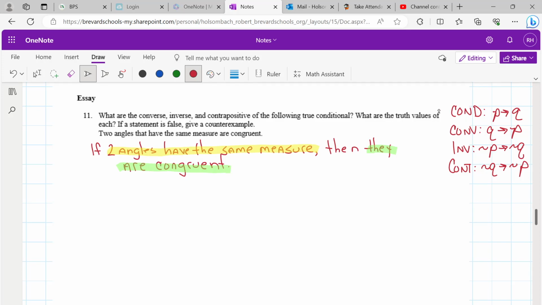So now I'm just going to go right down this table that we covered the other day. And my converse. If conclusion, if two angles are congruent, then they have the same measure.